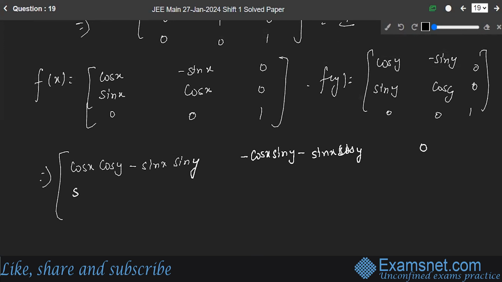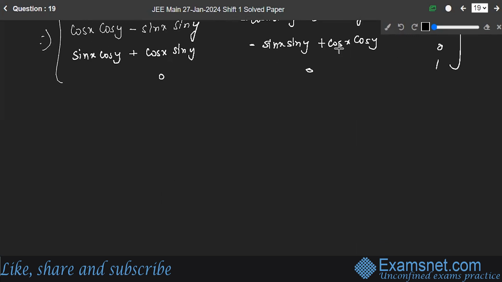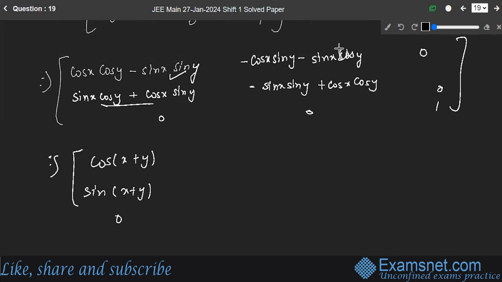Then you have here sin x cos y plus cos x sin y. Then you have minus sin x sin y plus cos x cos y, 0, 0, 0, 1. So this is equal to cos(x+y). Minus will be outside, sin(x+y). This will be sin(x+y). This will be cos(x+y), 0, 0, 0, 1.